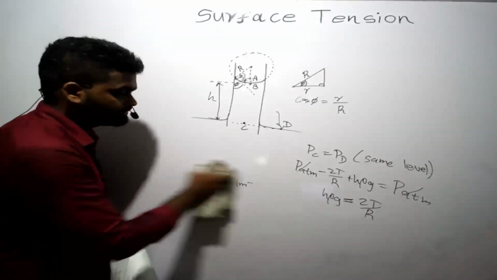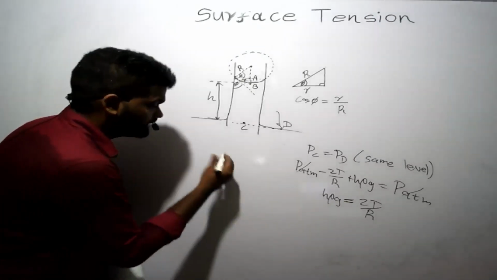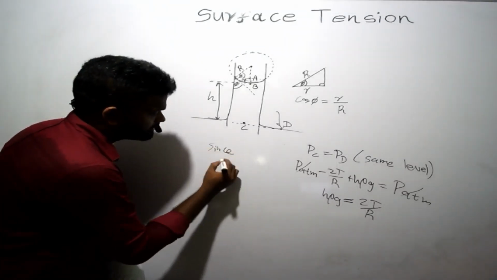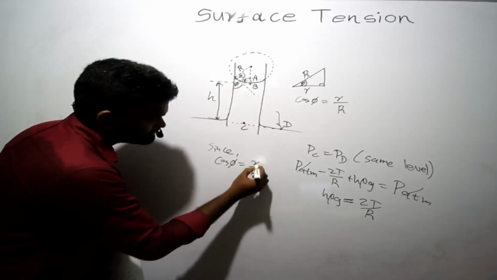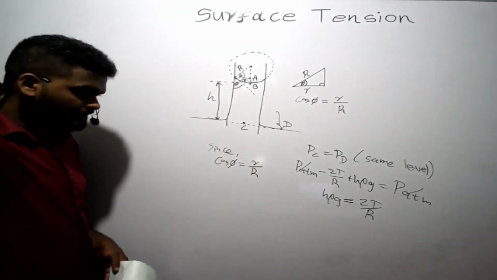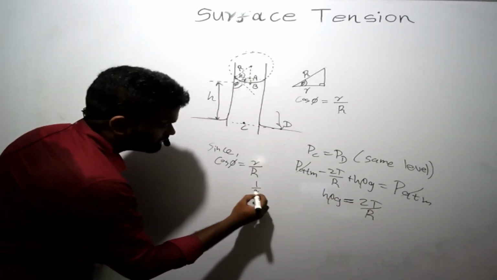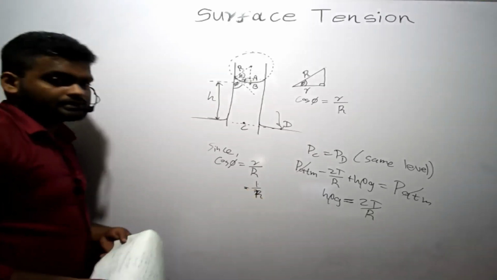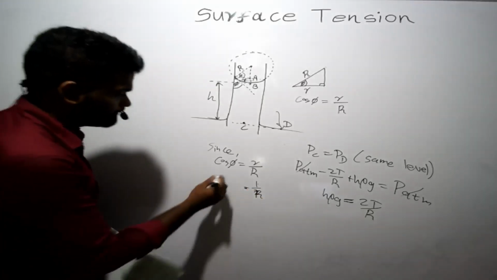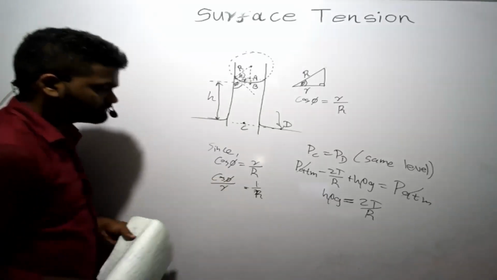Below that, right? Below this one, right? Since we know that cos phi is equal to what? Internal radius divided by capital R, right? So instead of 1 over R, what can you write? So 1 over R is equal to cos phi divided by small r.